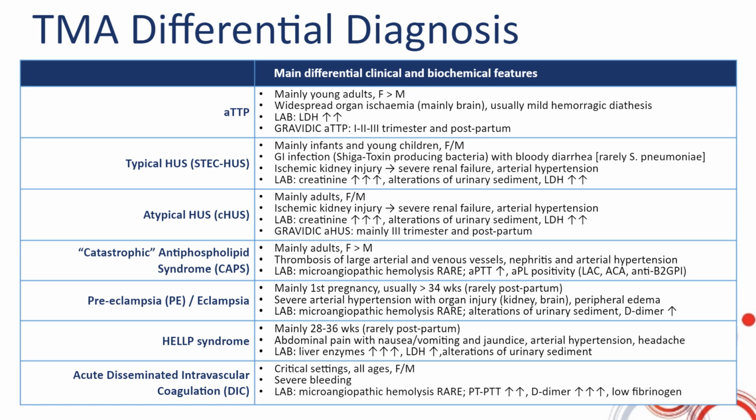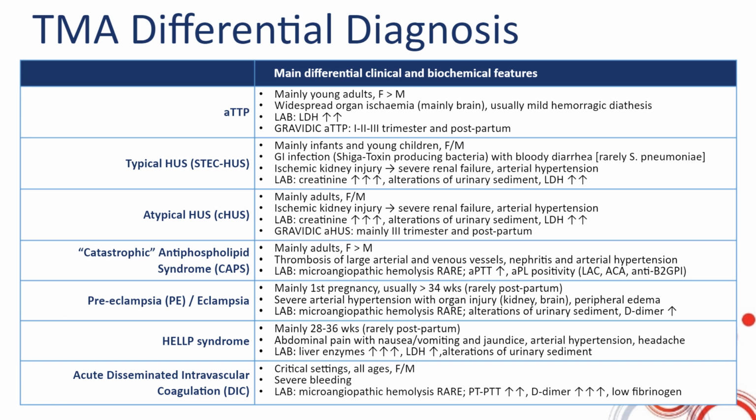Also because in all these diseases like TTP, as I said, HUS, catastrophic antiphospholipid syndrome, preeclampsia, eclampsia, or HELLP syndrome, or even DIC, you would find the low numbers of platelets and microangiopathic hemolytic anemia.